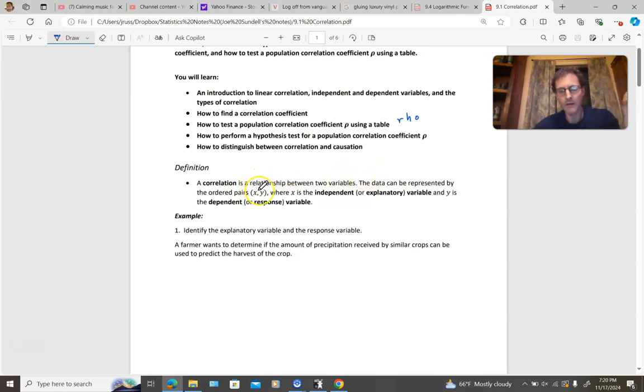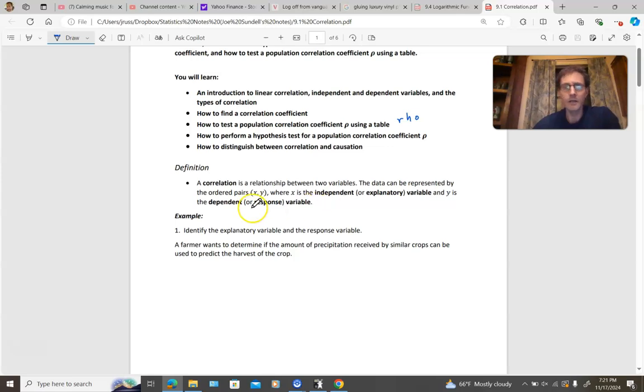And so you could have the x variable, which we'll call the independent variable, and then another data value, we'll call it y, okay, and it's the dependent variable. Okay, so you're probably familiar with ordered pairs from algebra previously, so this is really the same thing.